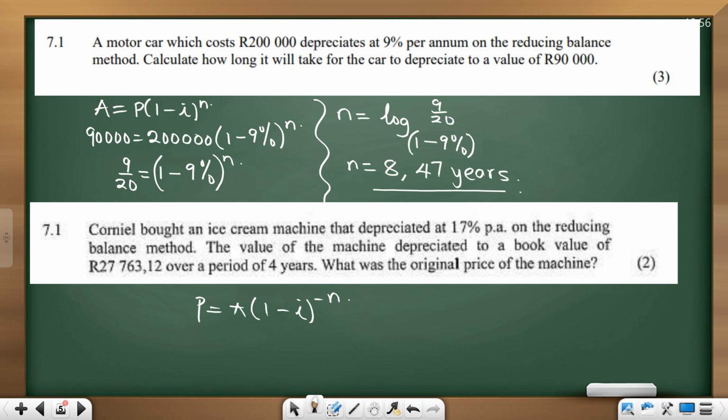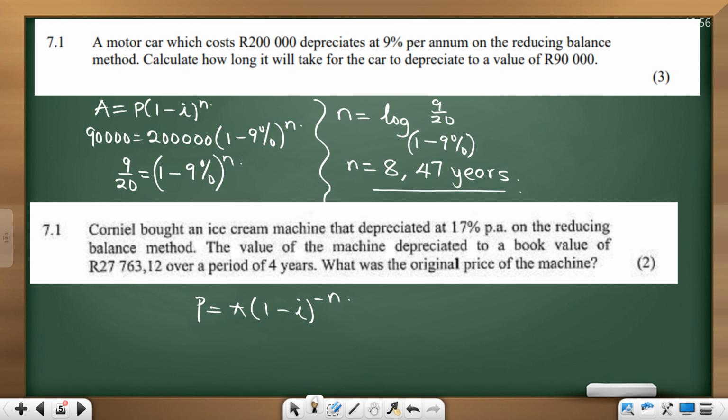What's happening? You don't know what's happening here? Really? Serious? What are we looking for? Are we looking for A or P?